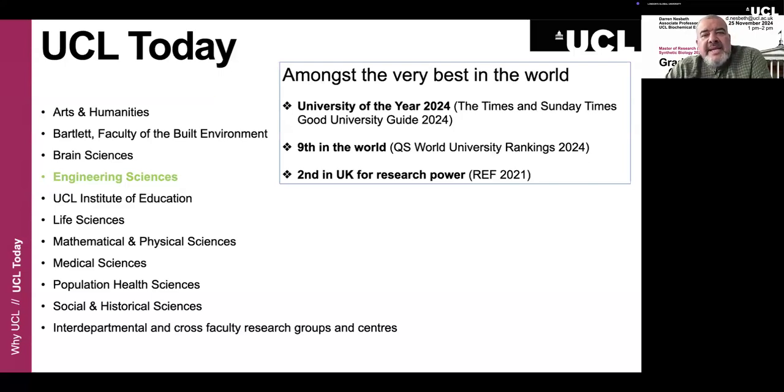So there are many rankings each year, and UCL is always in the top 5, 10, or 15 of all those rankings globally, and always very high within UK rankings in terms of its research strength. We're very heartened to receive the Sunday Times University of the Year award last year, but we are constantly up that little box in the top right.